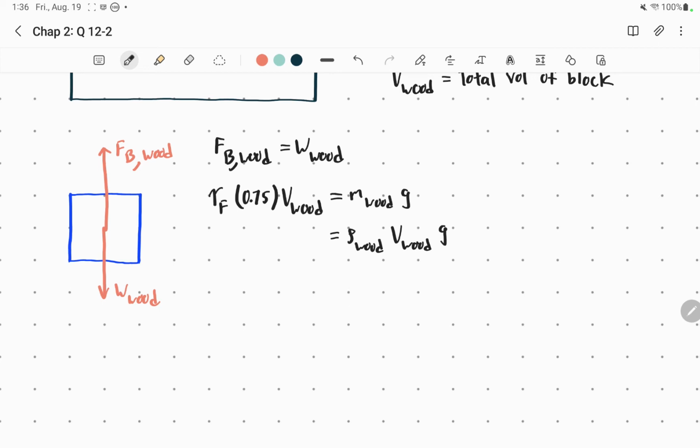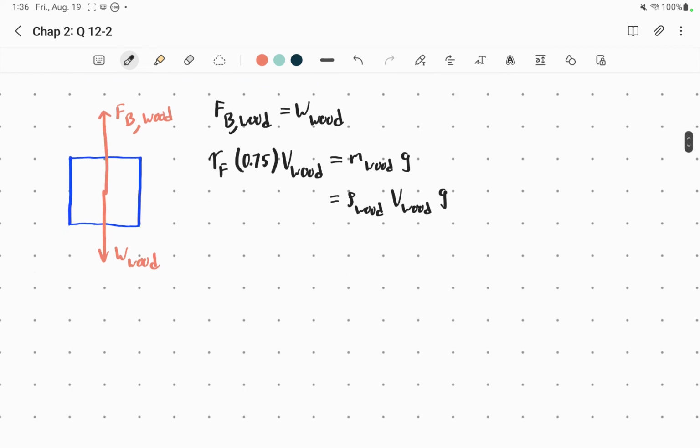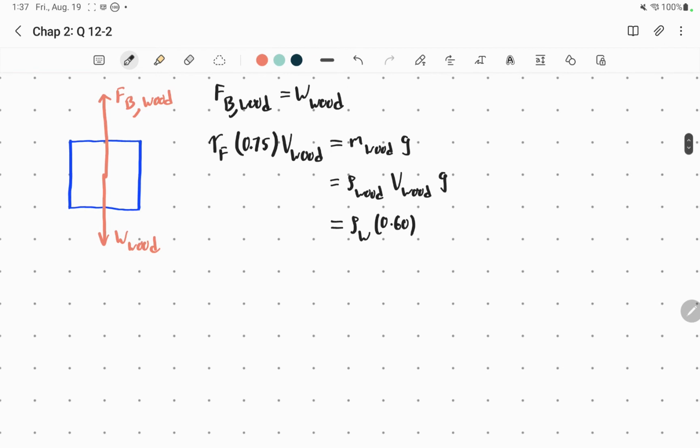But because we don't have density of the wood, we need to break that down, because what we do have is specific gravity. To get the density of the wood, you multiply specific gravity by the density of water at 4 degrees. So we're going to do density of water times the specific gravity, which is 0.6, times V wood times G. Then I'm just going to copy these down.